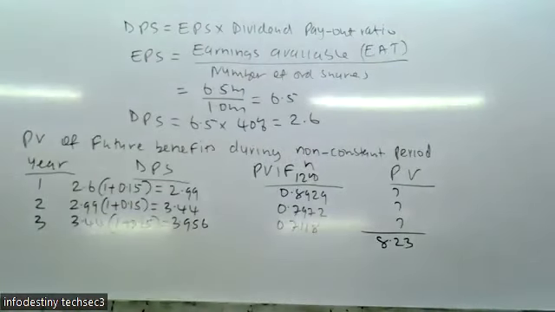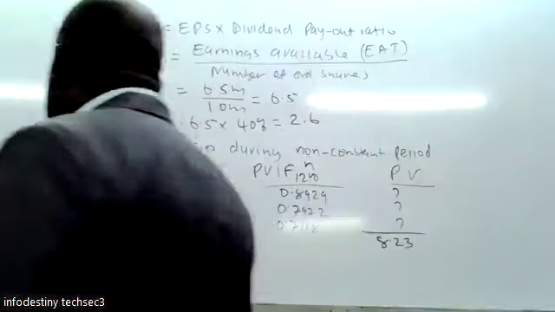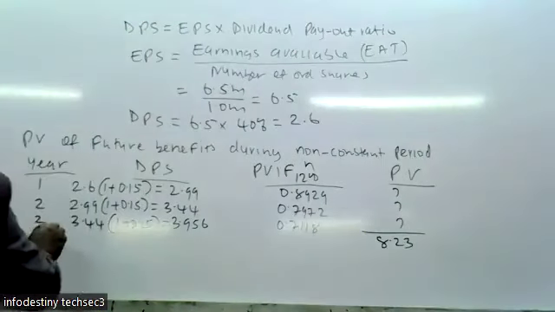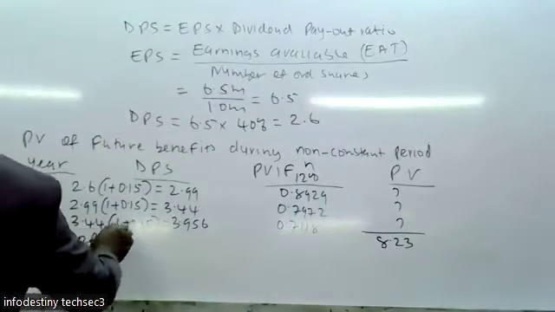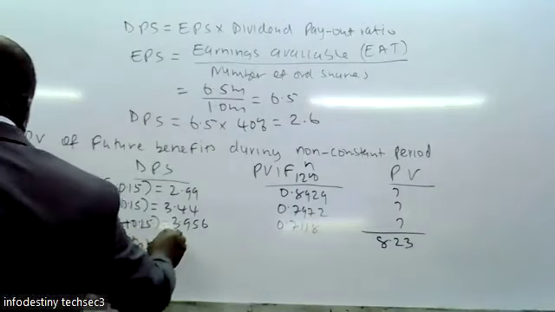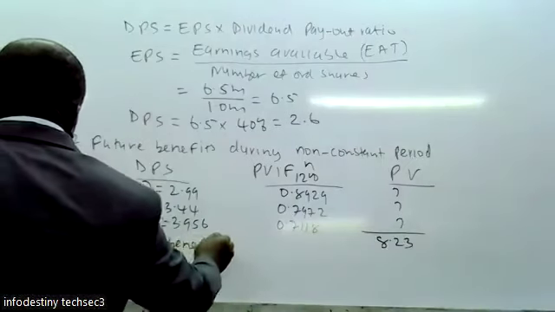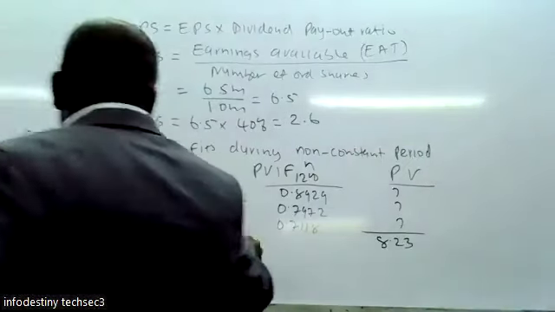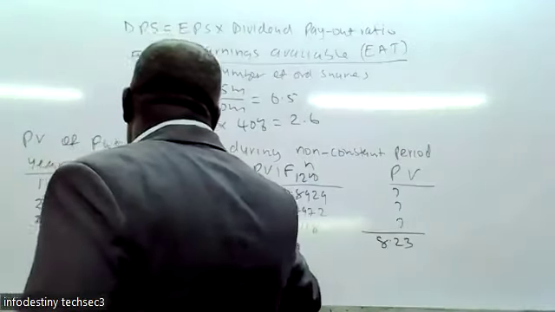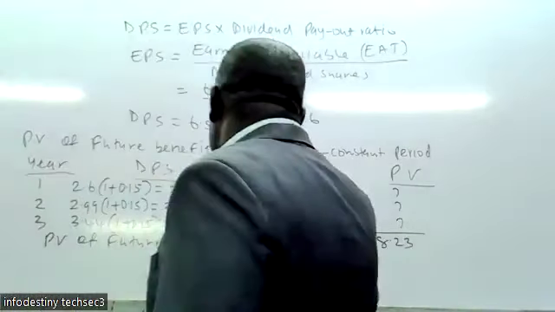Yeah, so that is now during the non-constant. Then you also compute the present value of the future benefits during the constant period.